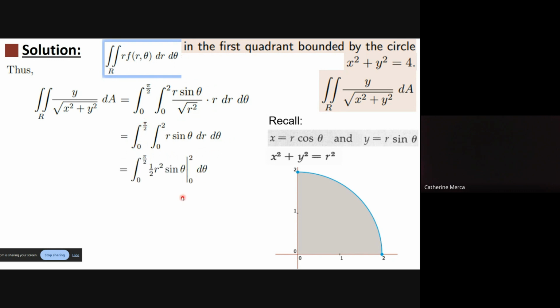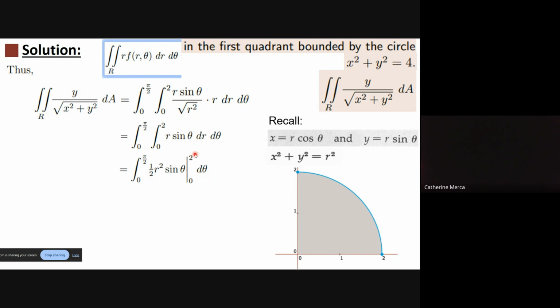Since this one is evaluated with respect to r, you should replace r squared there by 2 squared, and then that's minus 0. But 2 squared is 4 over 2, so that should give you 2 sine theta.